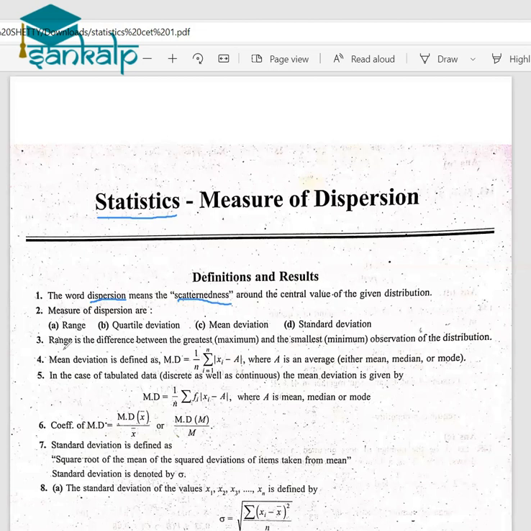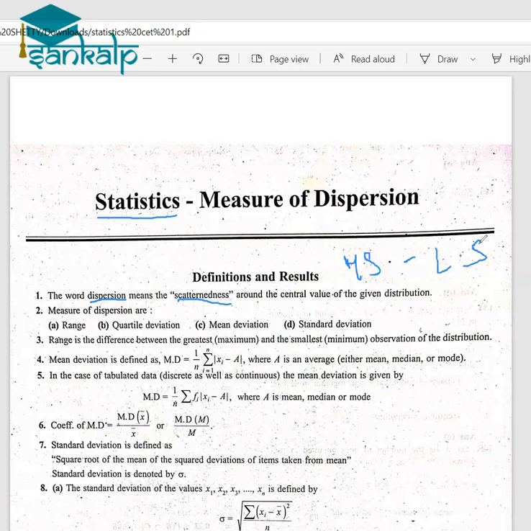First, range. Range is the difference between the greatest and the smallest observation of the distribution. So range is equal to the highest score minus the lowest score.